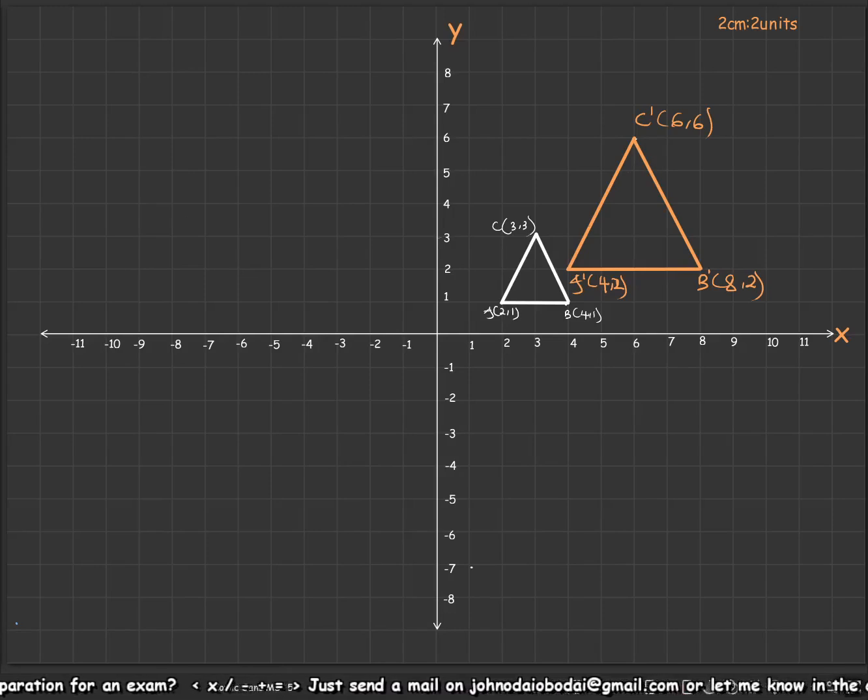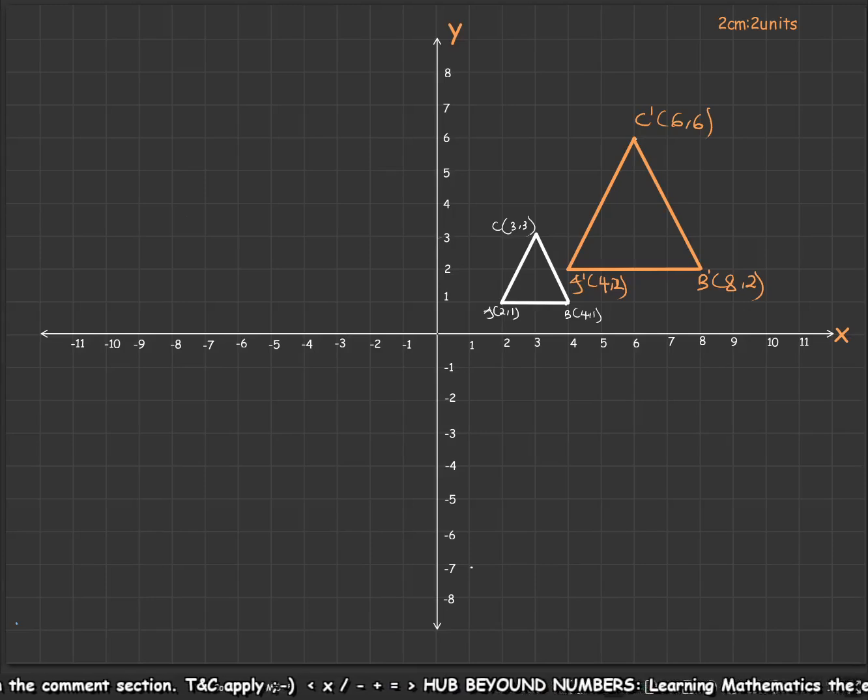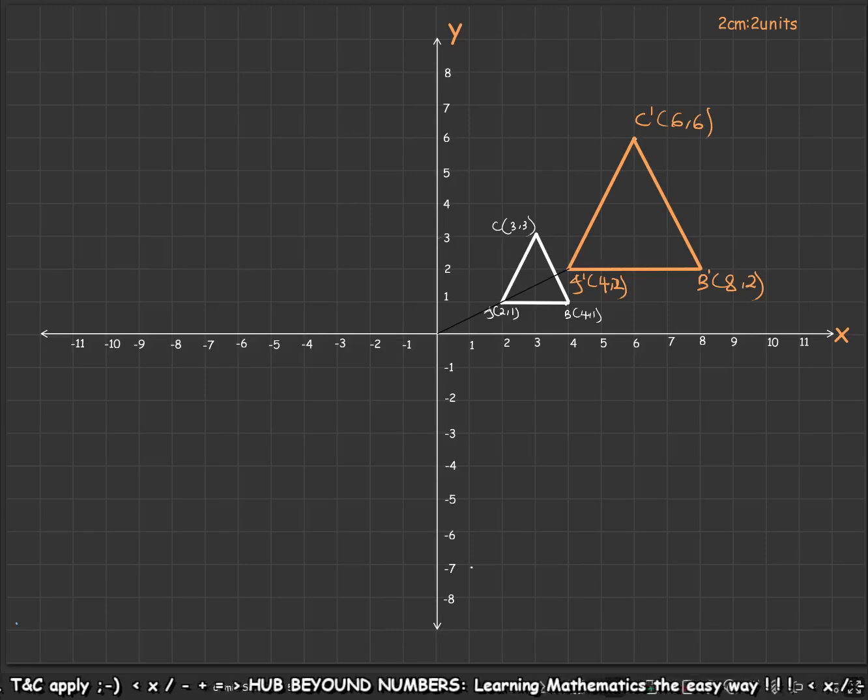You see, what do I mean by corresponding points? So you take your ruler, and for your first point, you draw a line from your origin to pass through A. It should pass through A and then touch A1. You see, so for mine over here, this is my first line, passing through A and then A1.